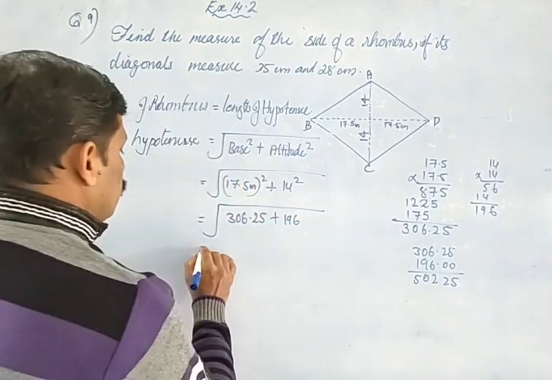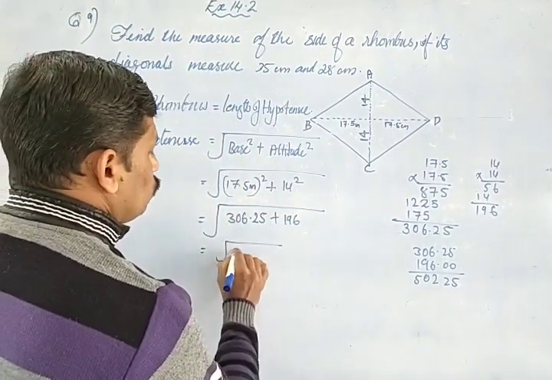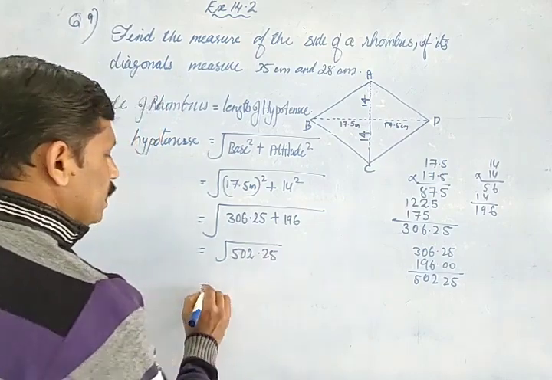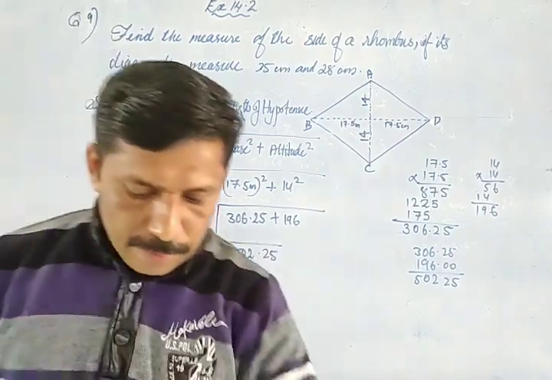Means root of 502.25. If you take the root of this, then we will find out.